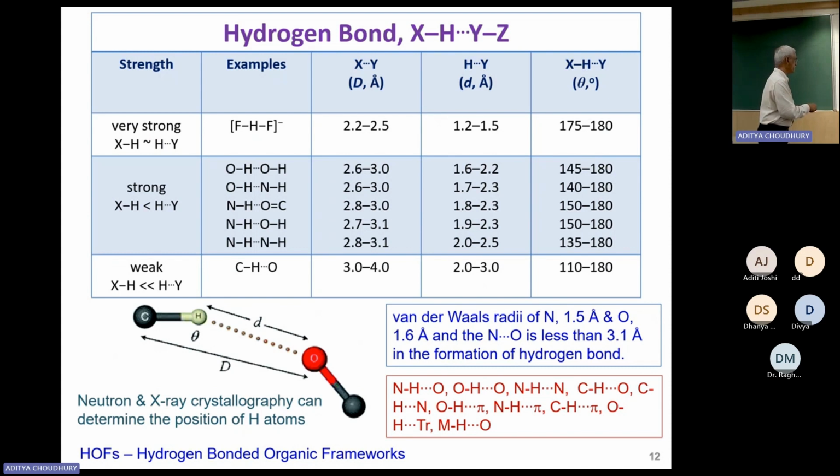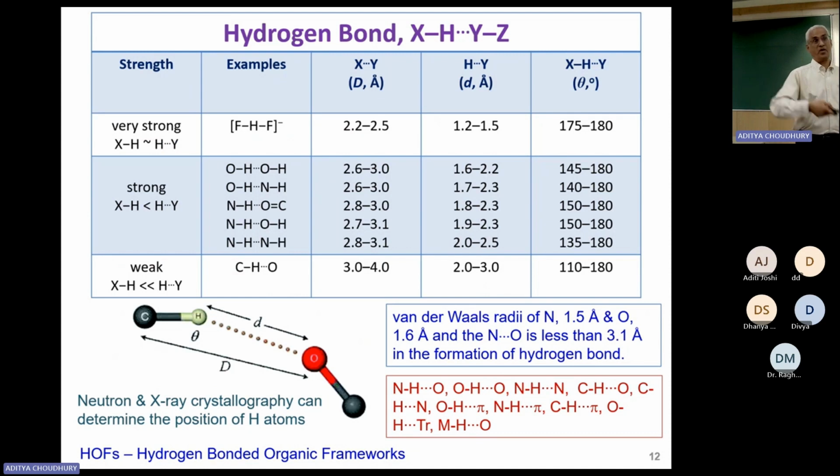They give the distance between the two heteroatoms. And when they give the two heteroatoms, they want to make sure that the distance is less than the sum of the van der Waals radii. For example, nitrogen is 1.5, oxygen is 1.6, the NO distance. As long as it's less than 3.1, then immediately you can see that there's a hydrogen bond present.